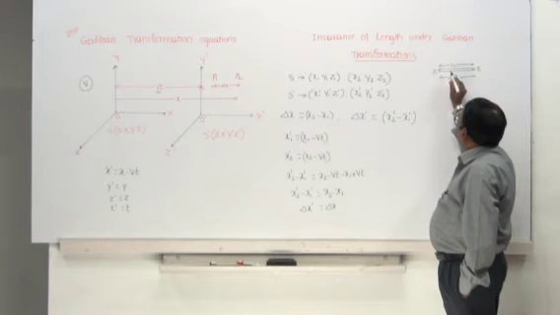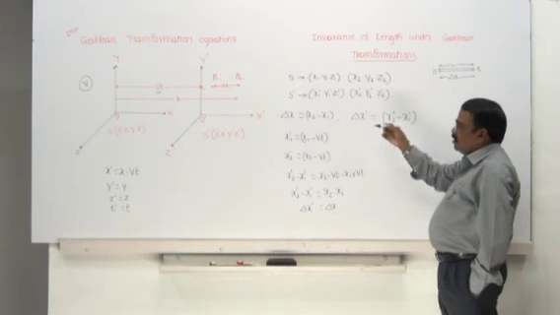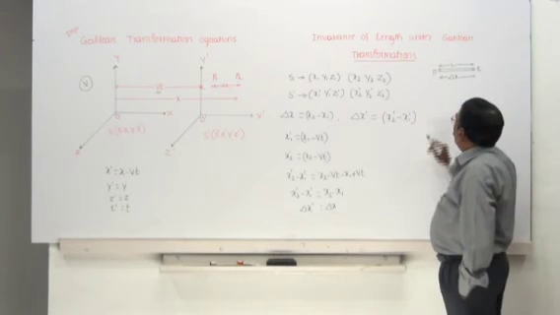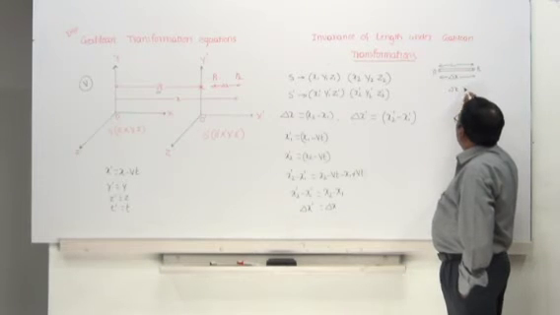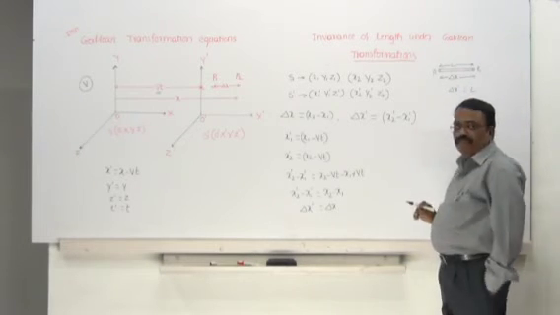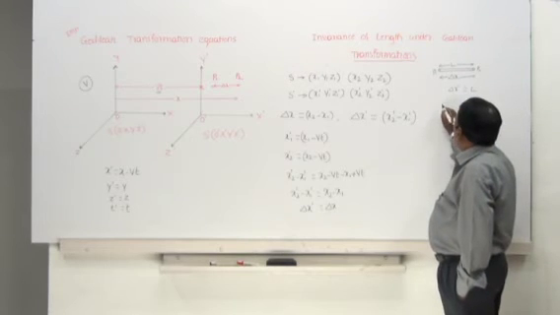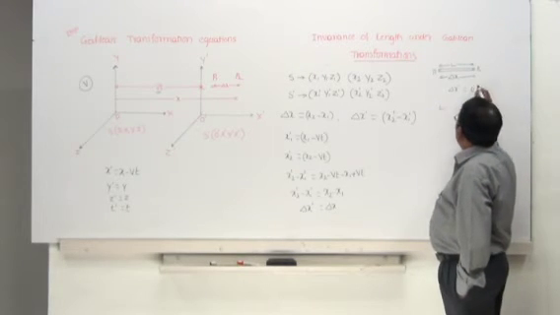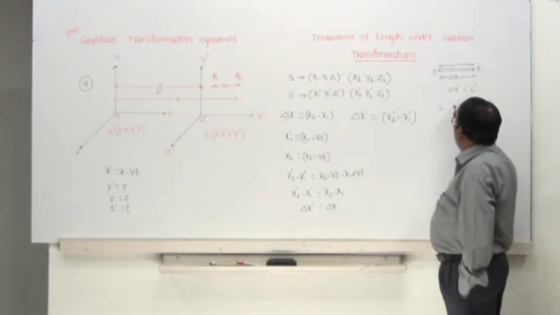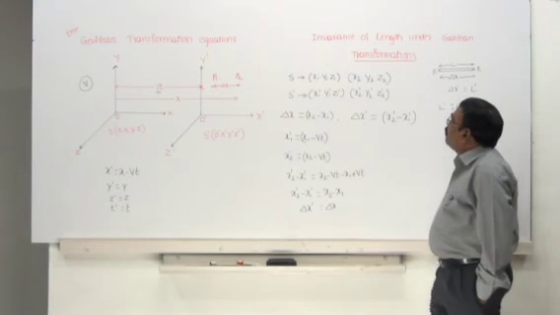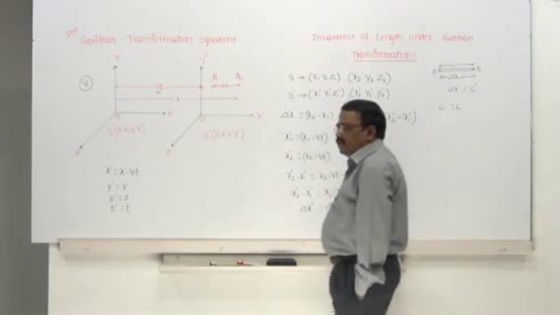And for the same rod, if you measure from S dash, it is delta x dash, which is equal to L. We have shown that this L dash is equal to L. What do you mean by L dash is equal to L?